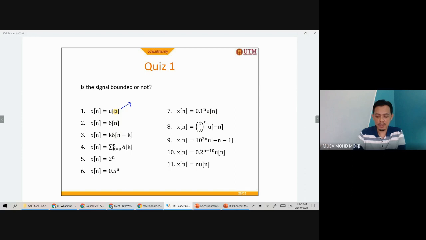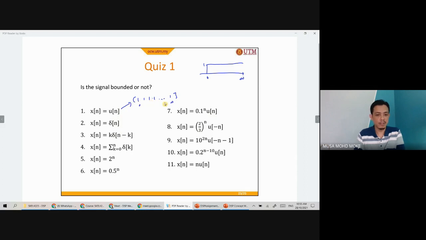Unit step is everything 1 from index 0 until infinity. So actually this is 0, sorry, not 0, 1, 1, 1, 1, 1 until infinity, from 0 up to infinity.